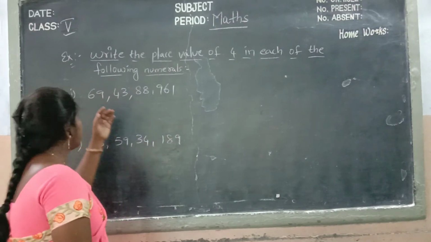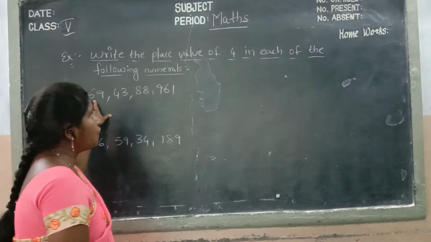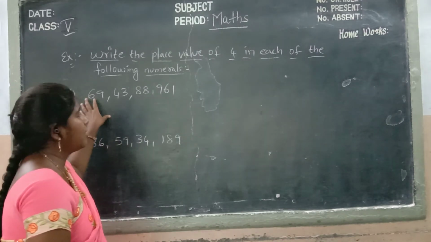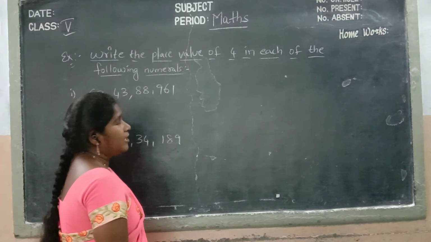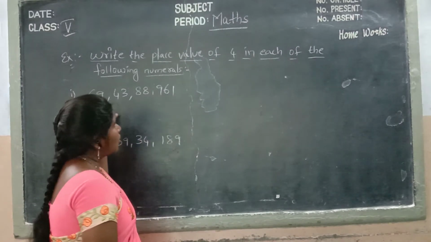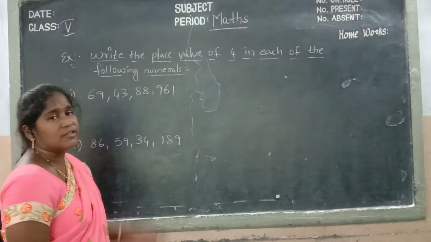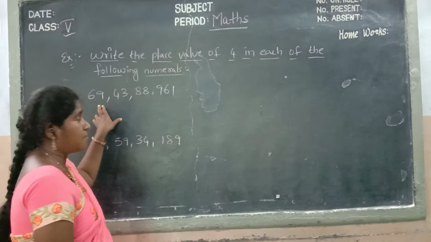Okay children, next example. See children, what is the given heading? What is the place value of 4 in each of the following numerals? Write the place value of 4 in each of the following numerals. See children, what is the sum given and how many digits are there in that sum?